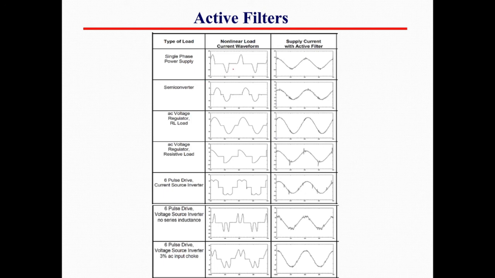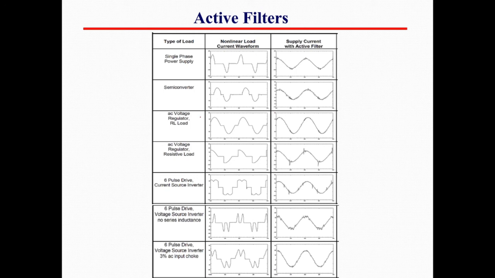Okay, those are some typical examples with respect to the type of load. If we have, for example, a single phase power supply, the nonlinear load will draw such kind of current. But if we add an active filter, this is how the supply current will look. Semi-converter, again this is the current taken, but with an active filter this is how the supply current will look.